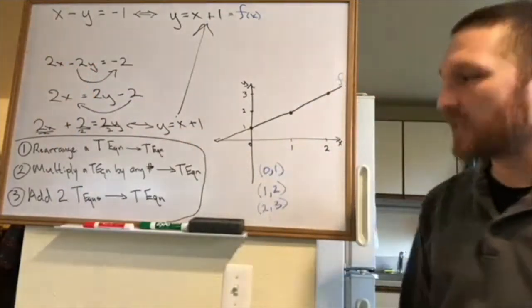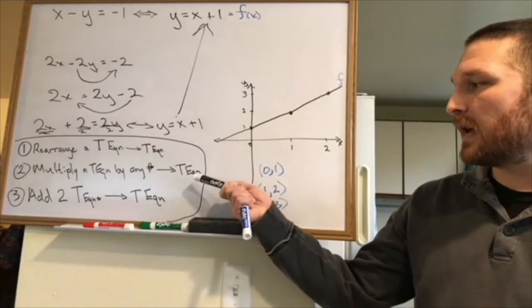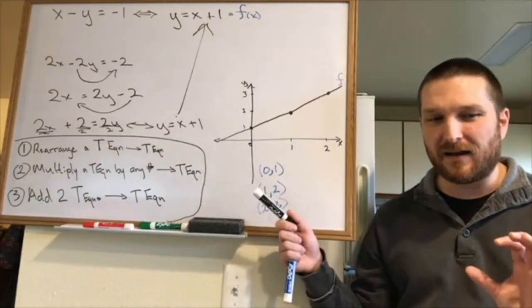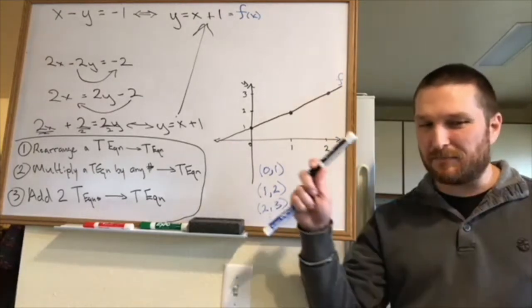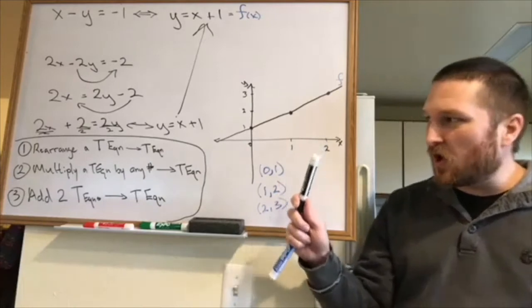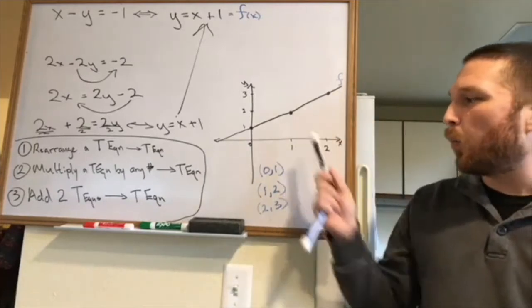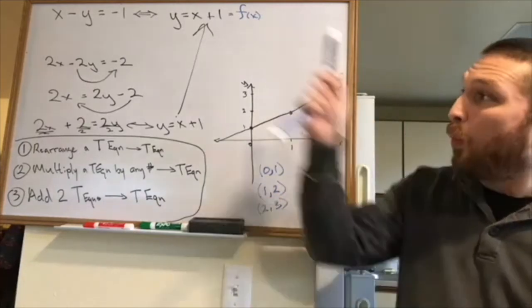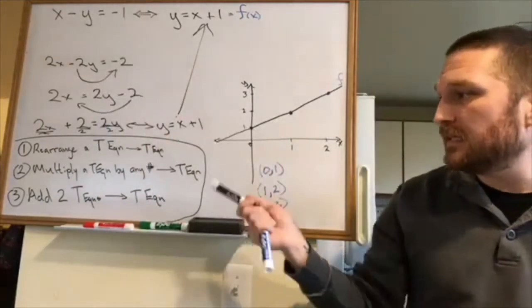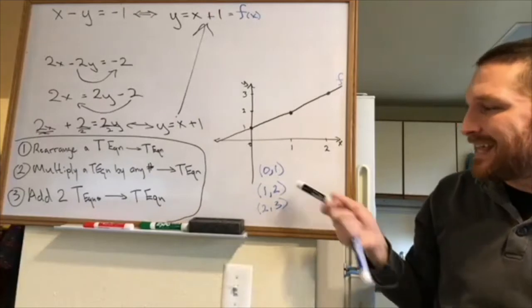So it looks like we can multiply any true equation, but now we have this caveat that it can be true at infinitely many different points. And as long as we're talking about one of the points where that original equation is true, then yeah, it'll be true at that same point.